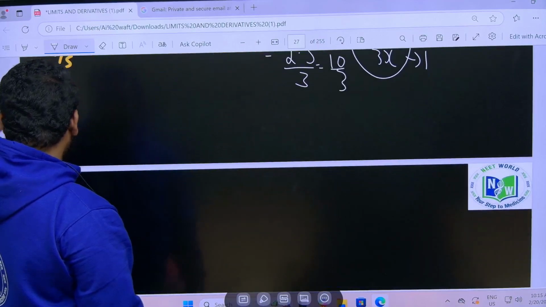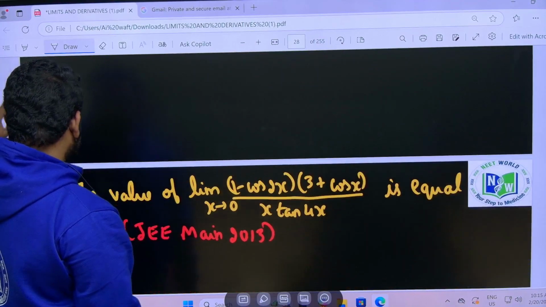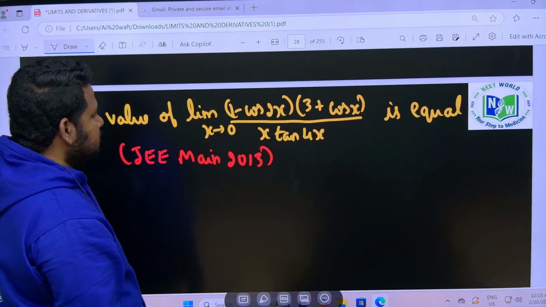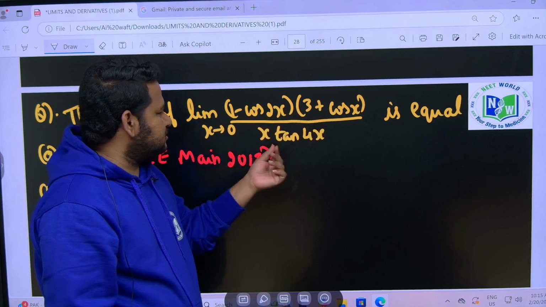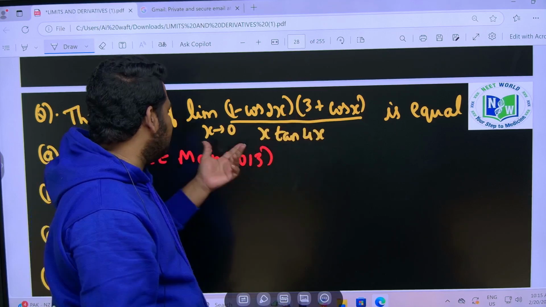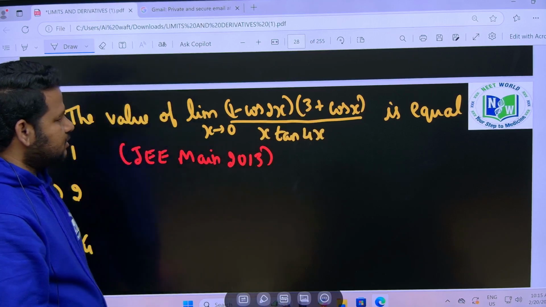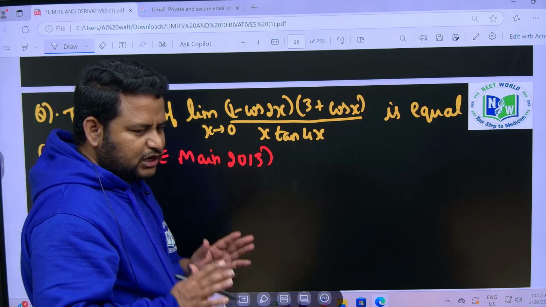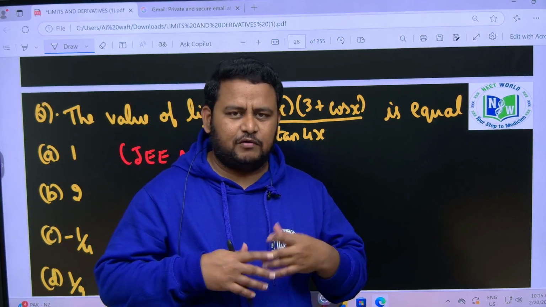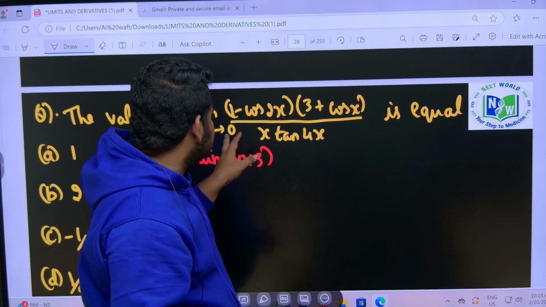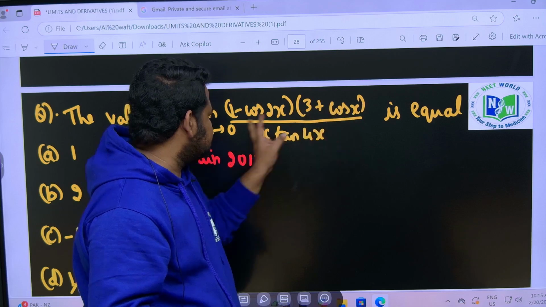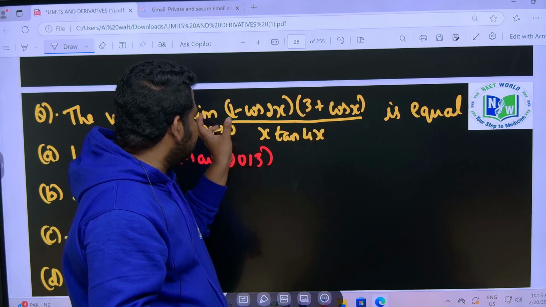So let us look at another question. Okay, we will solve a JEE question. Limit of 1 minus cos 2x into 3 plus cos x by x tan 4x as x tends to 0. We should take the obvious part directly.